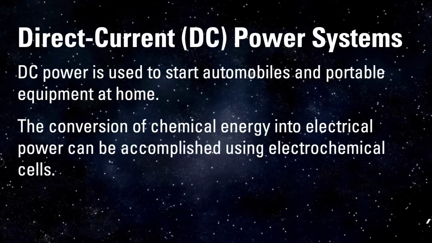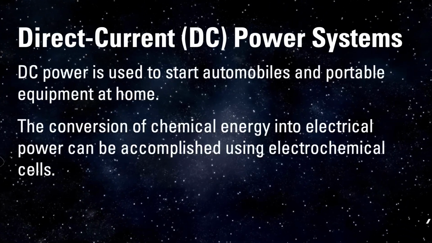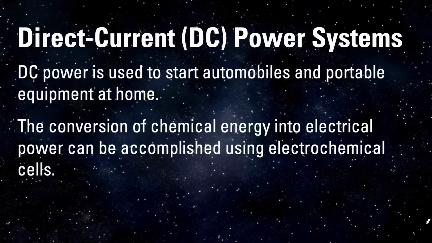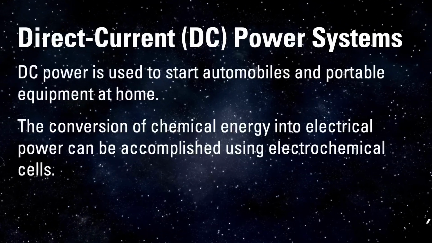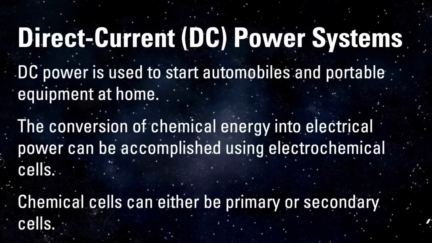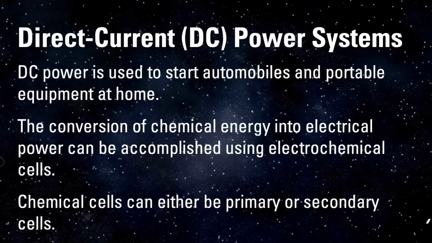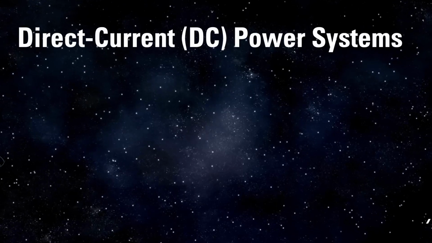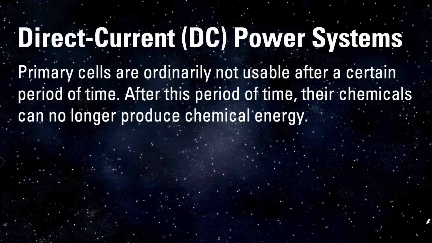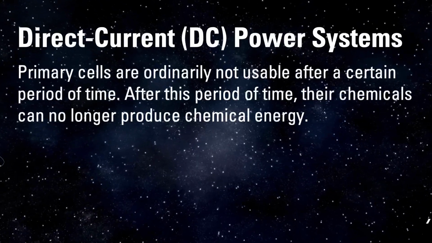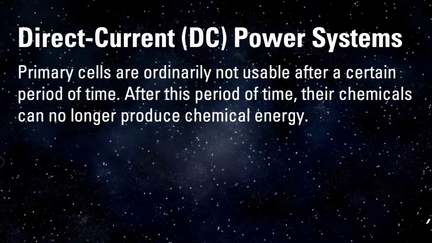The conversion of chemical energy into electrical power can be accomplished using electrochemical cells. Chemical cells can either be primary or secondary cells. Primary cells are ordinarily not usable after a certain period of time.